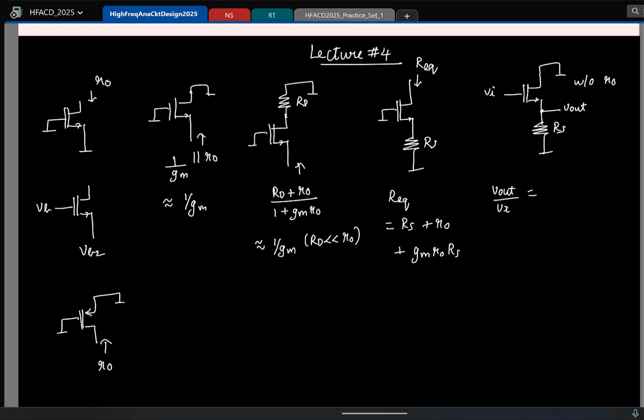Again you try to find what is the short circuit gm here. The short circuit gm is gm. What is the looking in resistance? Looking down, what is the resistance you have? RS. Looking up, what do you have? 1 by gm. So this should be gm into RS parallel 1 by gm, which turns out to be gm RS by (1 + gm RS).